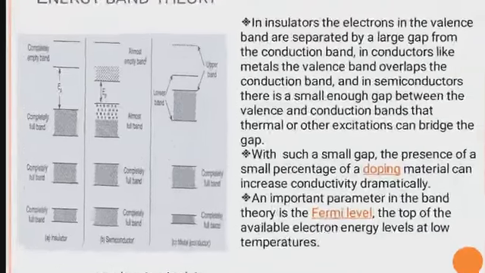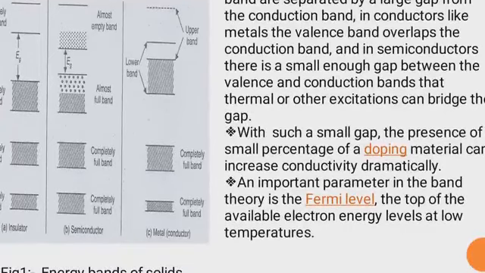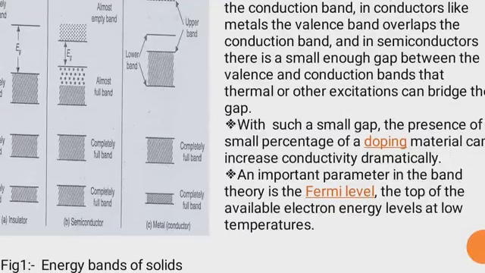So in case of semiconductor, I considered the middle box at first. Here I described the band diagram of a semiconductor material. It may be germanium, it may be silicon, it may be some compound material, whatever it is.